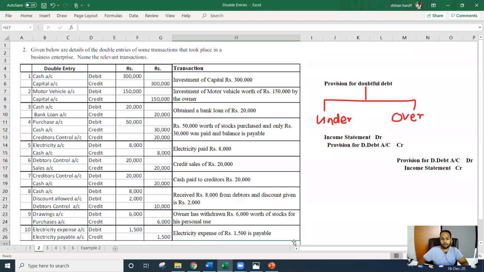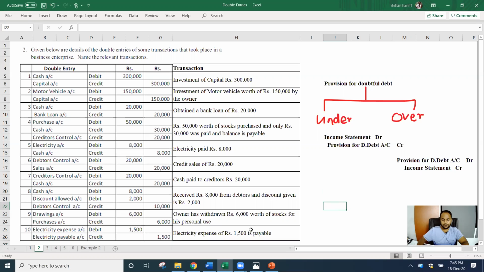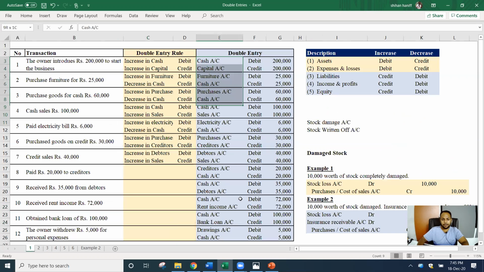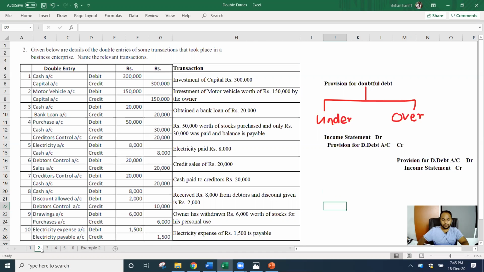So identifying the transactions. Right. So we did double entries and identifying the transactions.